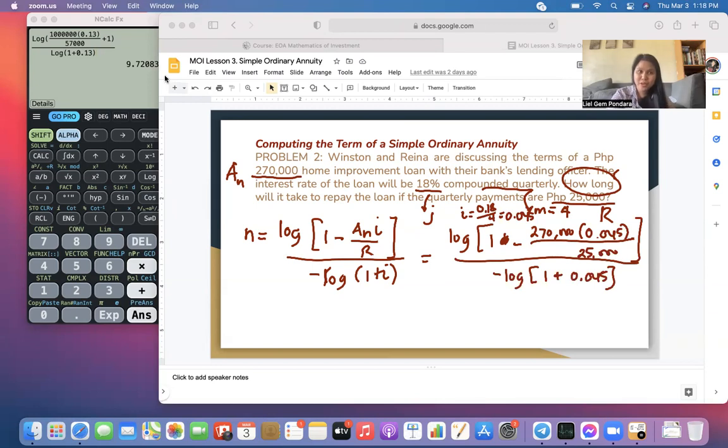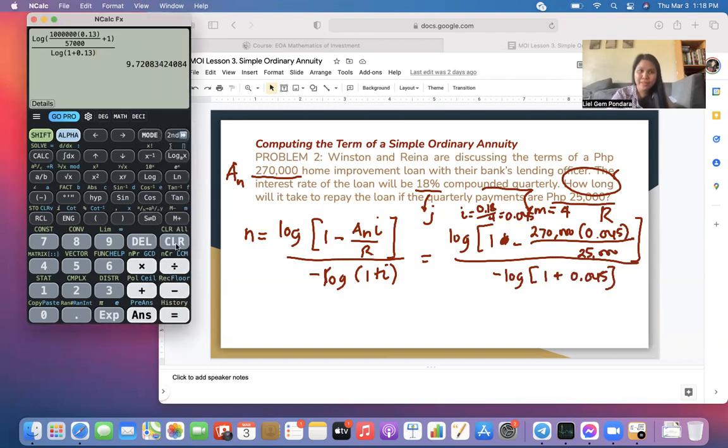Okay, from there, we need to encode that all in our calculator. So 2 fractions: log on top, then 1 minus another fraction, 270,000 times 0.045 over 25,000.